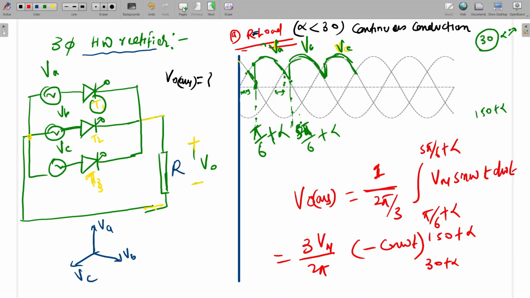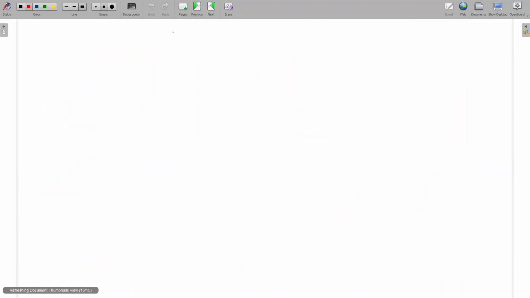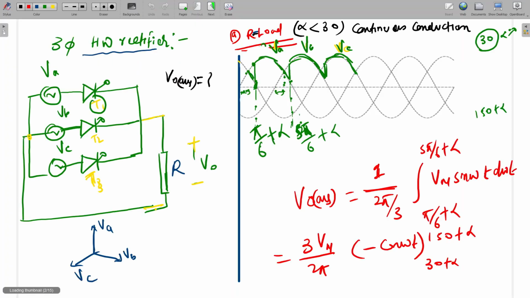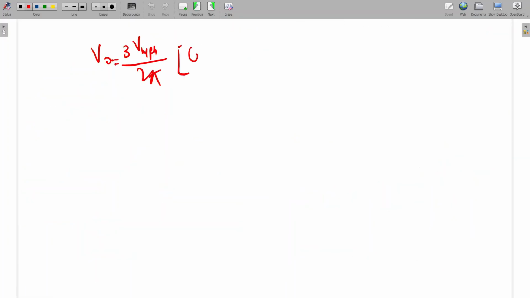So VO will be 3 Vm by 2 pi into cos 30 plus alpha minus cos 150 plus alpha.